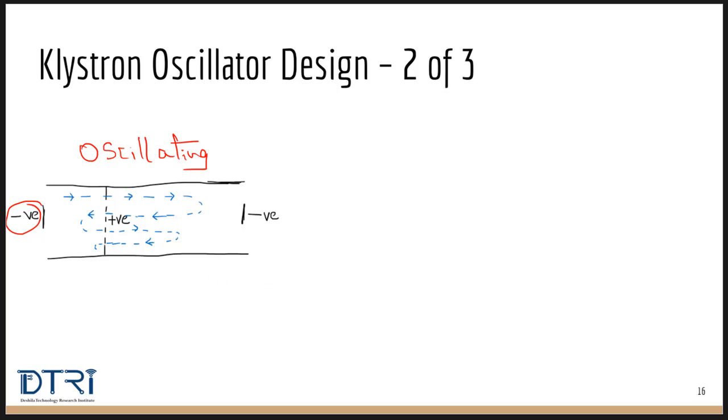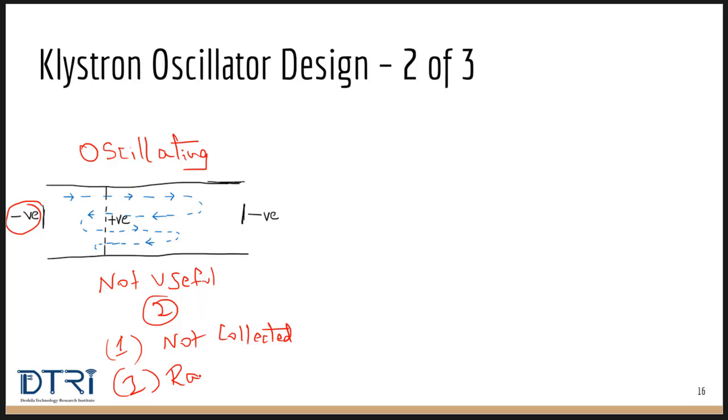So this tube has created an oscillating effect, but these oscillations are not useful due to two reasons. One, the oscillations are not collected to be used as a useful signal. Two, these oscillations are random, that is, the oscillating frequency is not controlled.